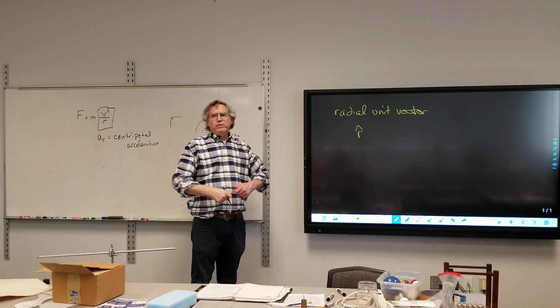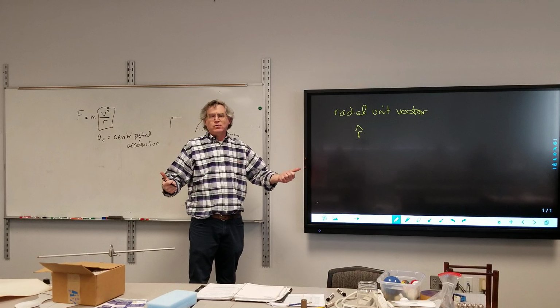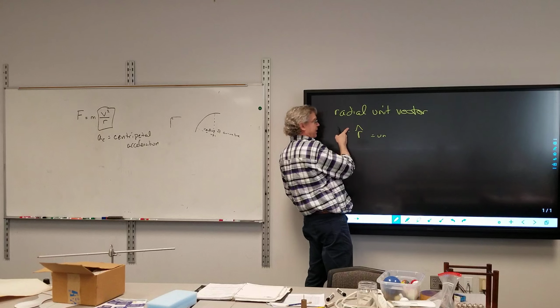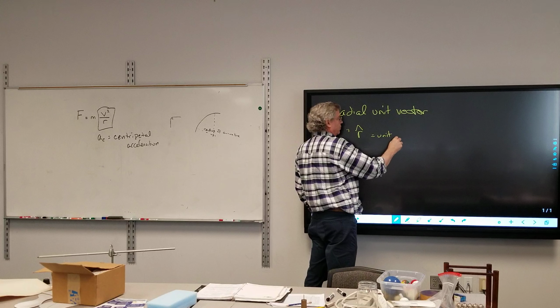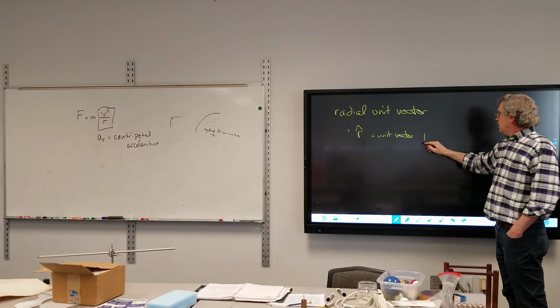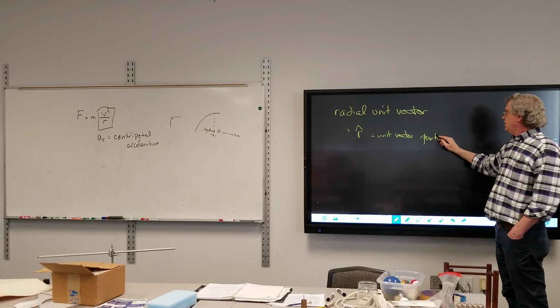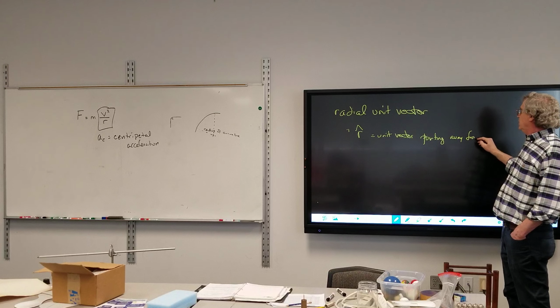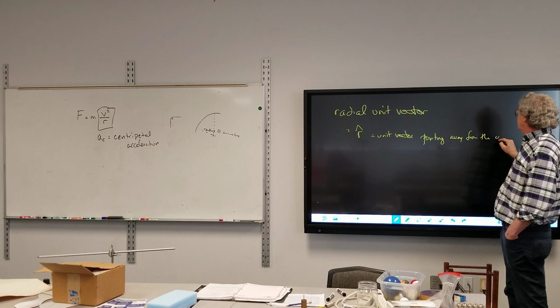R hat points away from the center. The only thing you're deciding is what's the center. So R hat, unit vector, that's the hat. Unit vector pointing away from the center.